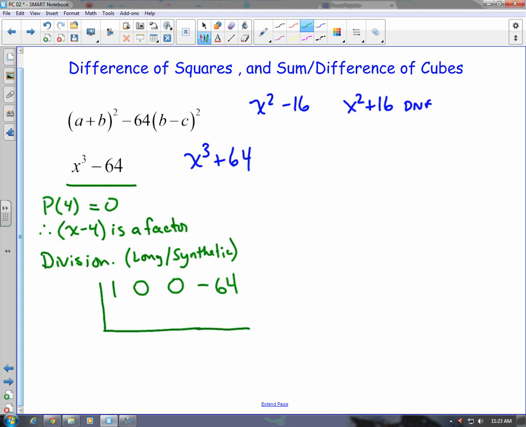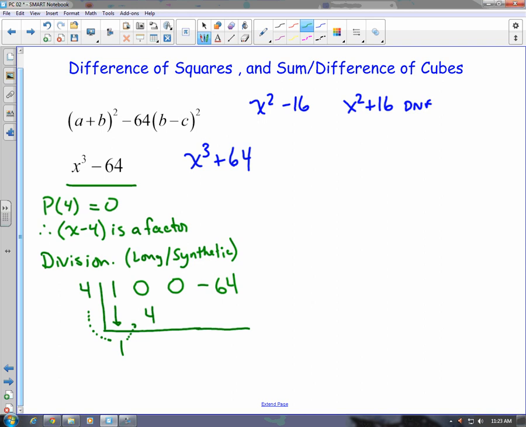Now, the way synthetic division works, there are two processes that you can do. Personally, I do the addition one. So when I'm using x minus 4 as the factor, I put the root of that divisor there. If you do the minus 4, that's fine. Just recognize that I'm doing something a little bit different. You must bring the 1 down. You must multiply the 4 by the 1 and write it underneath.